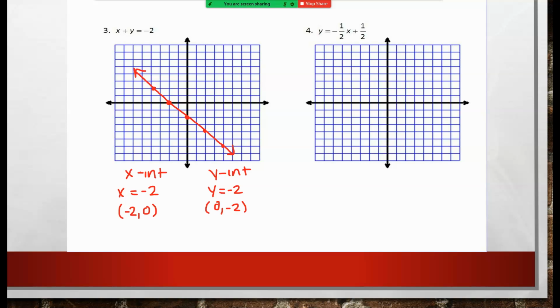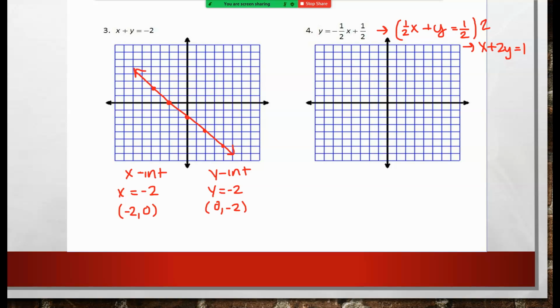So again, in 4, you could add that x over to start. So you'd have 1/2 x plus y equals 1/2. And again, we know that in standard form, I can't have fractions. So I multiply everything by 2, which would give me x plus 2y equal to 1. And you could do that at the beginning or at the end.